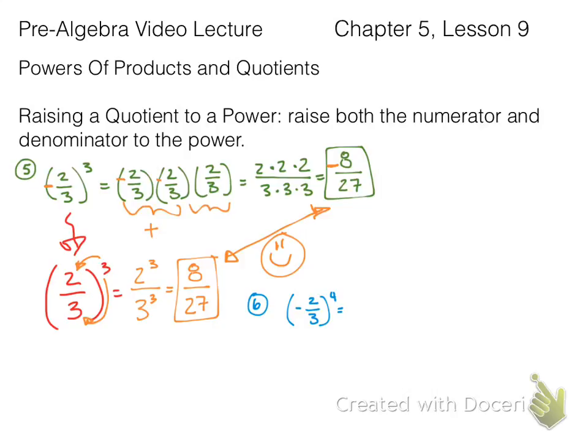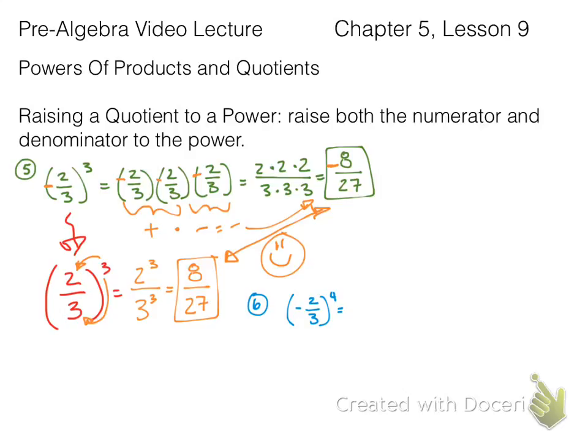But this one would stay negative, and a negative times a positive is a negative. But remember, it was positive to begin with, so just remember that if it's a positive fraction to an odd exponent, it's going to stay positive. But if it's a negative fraction to an odd exponent, then you're going to end up with a negative answer.